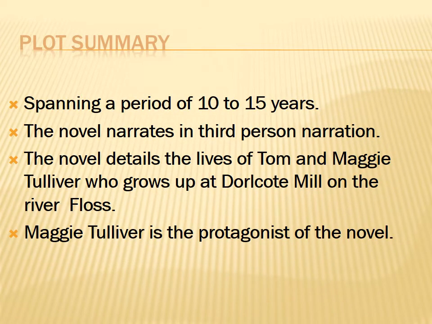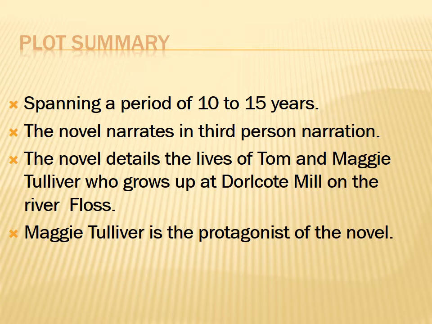Now we are going to focus our attention on the plot summary. The novel spans a period of 10 to 15 years. The writer uses third-person narration throughout the novel. The narrator is just an onlooker, and he maintains a nostalgic tone because his main intention is to criticize the society.